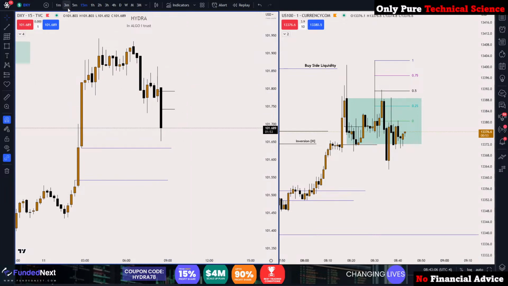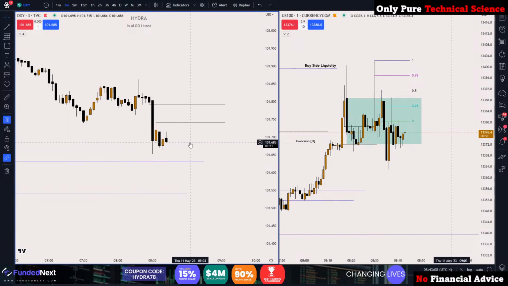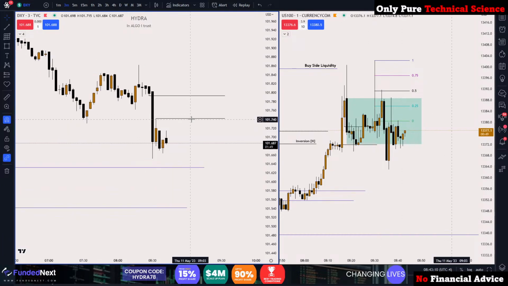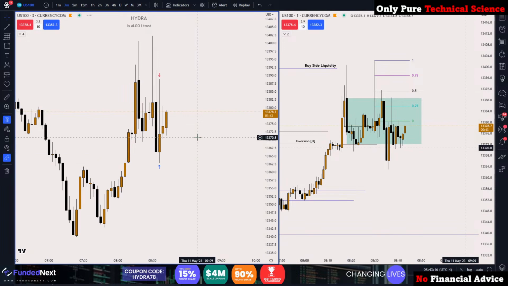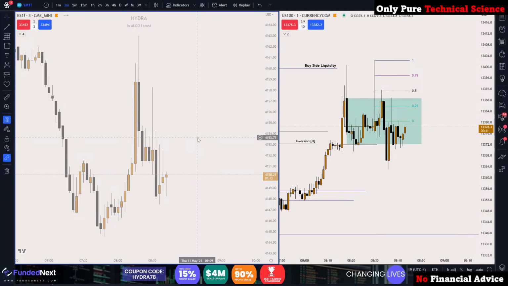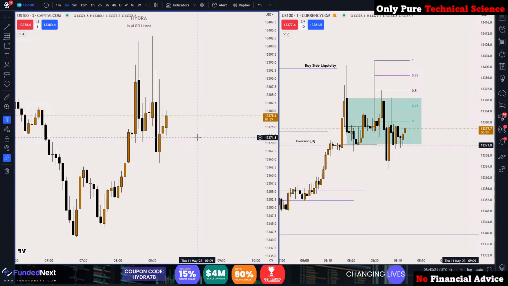And if the dollar comes up here, on Dow we can expect to see price giving us a partial. So that's the whole analysis paired with dollar and Dow.